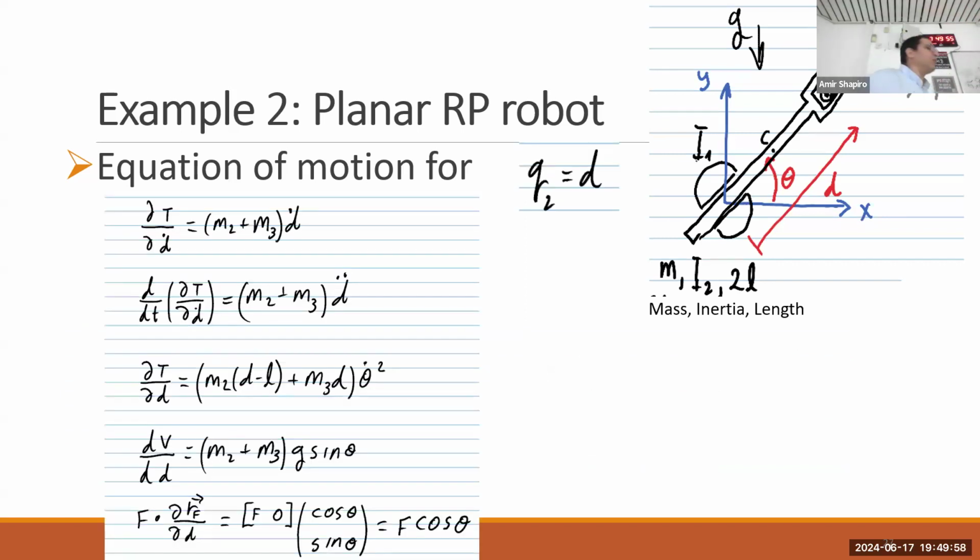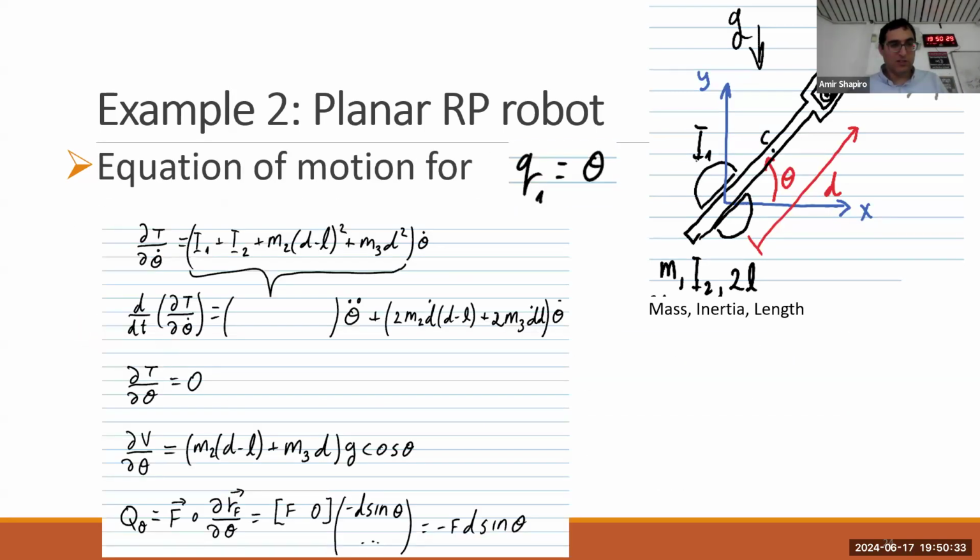Now we can do the second one. So for d, d/dt of ∂T/∂ḋ is simply this. We take the derivative of this. Now we take ∂T/∂d. So there's d also in the part of the theta dot. So we can take this.